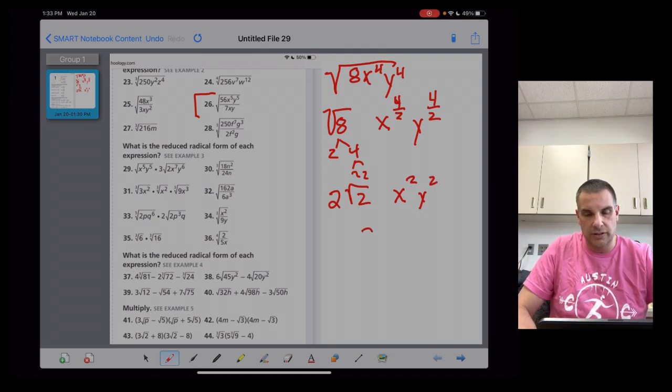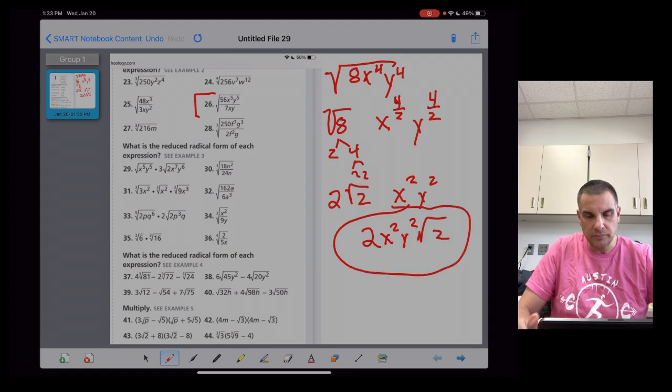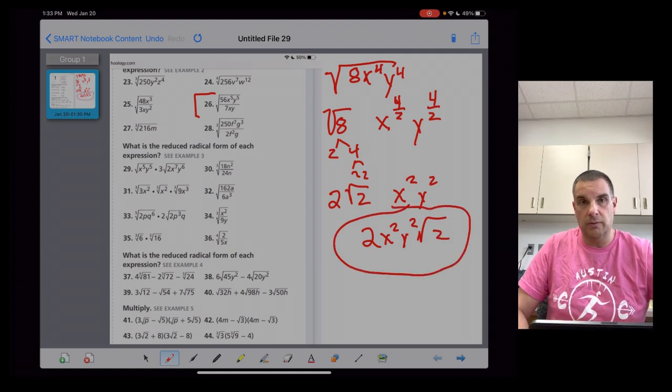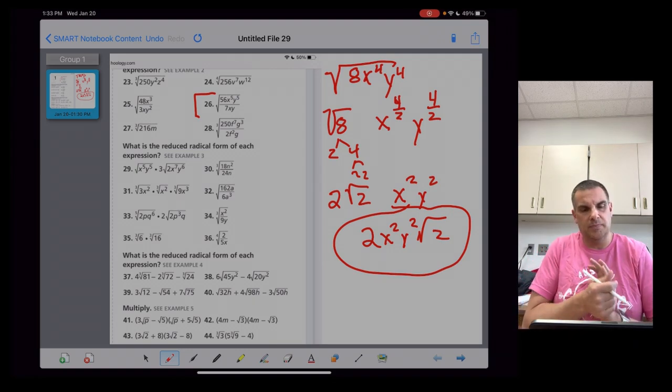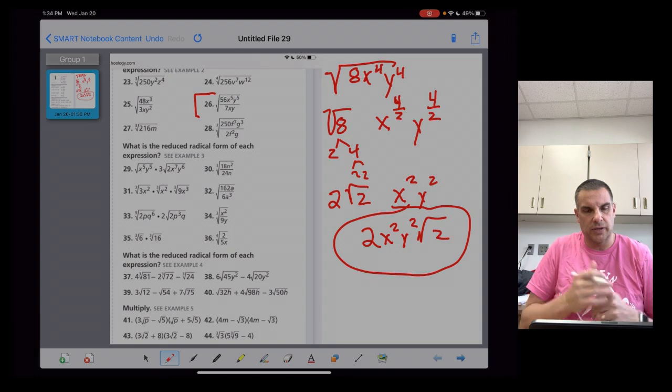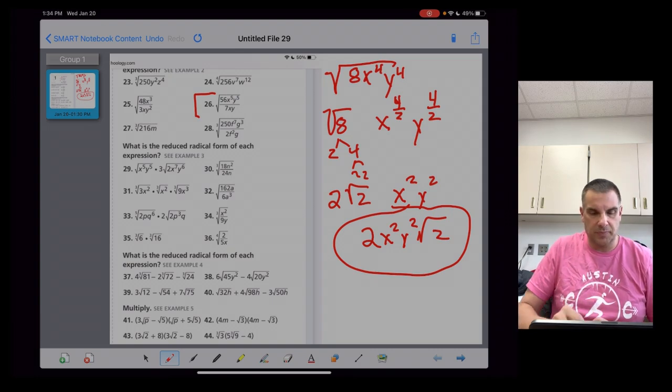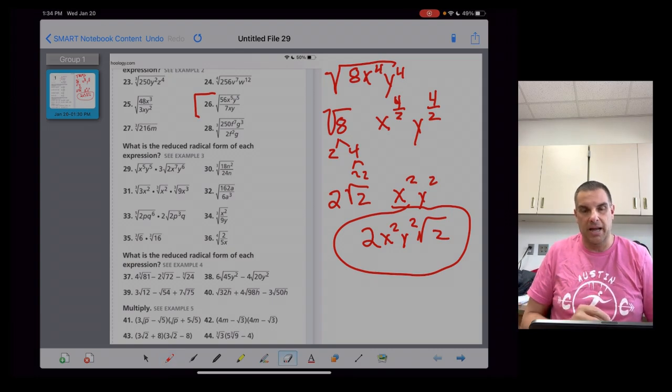So we're left with 2x squared y squared times the square root of 2 as your solution. And you're done. With that first set of problems, most of them you can reduce right away and take care of in that manner.